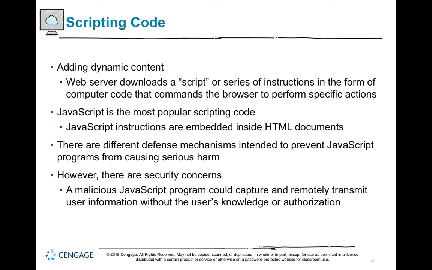It adds a lot of functionality and makes our modern web pages very interactive and dynamic. It's all the rage; if you get into web programming, you'll learn JavaScript. But there are security concerns with that.